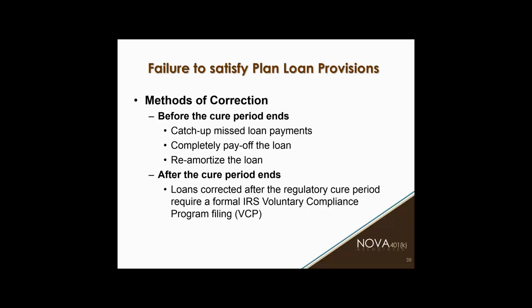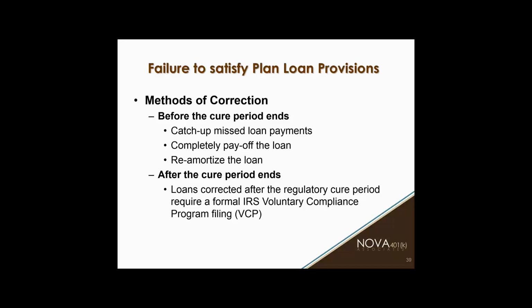Since it missed payments, the loan will never be able to be paid off by the maturity date in the original loan documents. If you had a 5-year loan and you missed 6 months worth of payments, it's not going to go to zero by the end of 5 years unless you do something. And one of those ways is to re-amortize or refinance it. There is a cost to that. Obviously, our distribution group has to do extra work, and usually there's an extra $100.